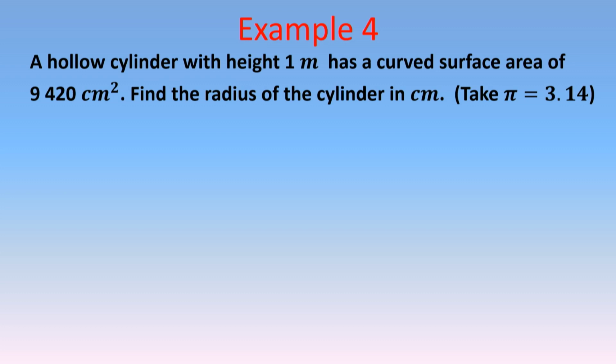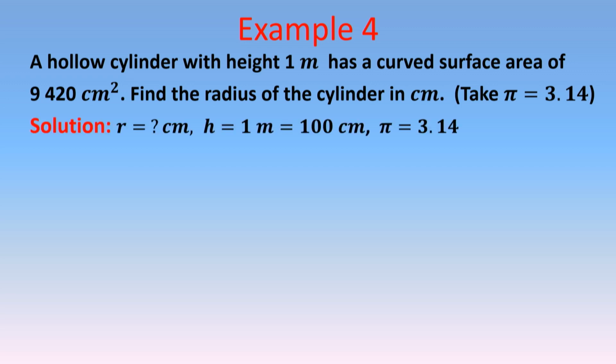Example 4 now. A hollow cylinder with height 1 meter has a curved surface area of 9,420 centimeters square. Find the radius of the cylinder in centimeters. Here we need to take pi as 3.14. Now remember that a hollow cylinder has no base and no top. So the height is given as 1 meter, but because we have been asked to give a radius in centimeters, we are going to work in centimeters. So 1 meter is equal to 100 centimeters.